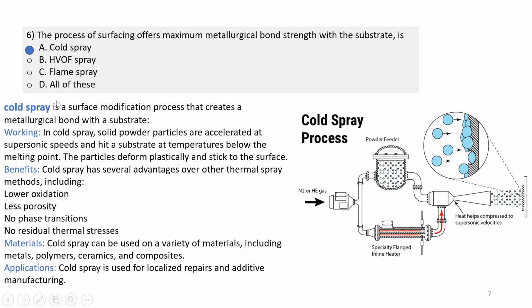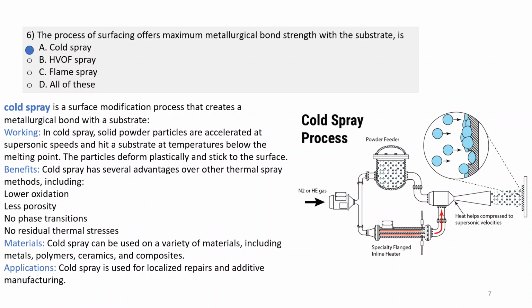So cold spray is the surface modification process which creates a metallurgical bond with a substrate. In its working, solid powder particles are accelerated at supersonic speed and hit a substrate at temperatures below the melting point, and the particles deform plastically and stick to the surface.